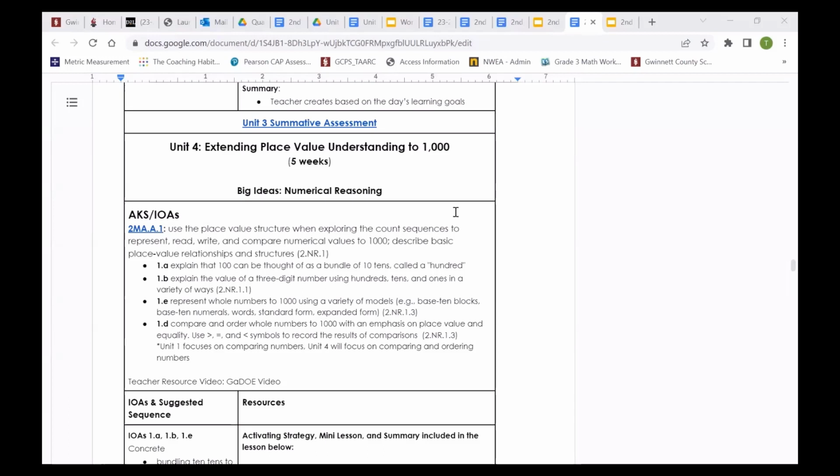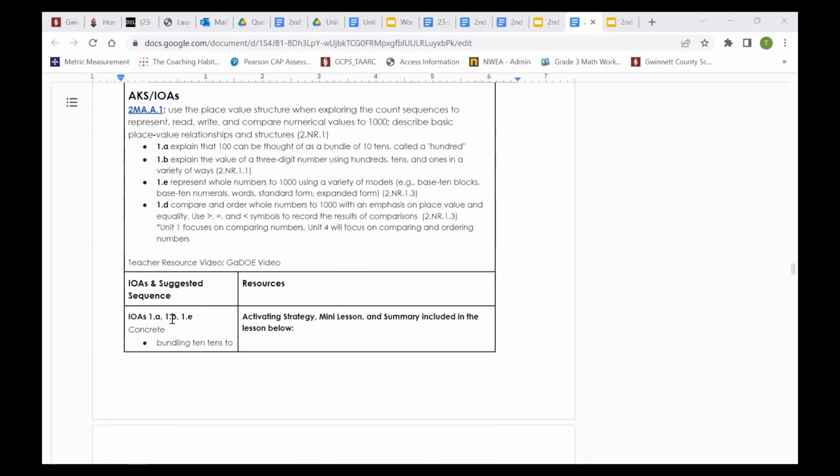a revisit to patterns. The pacing guide is set up with a list of AKS and IOAs, which have been strategically clustered together. This is followed by our suggested pacing. In the left column, you will see the learning progressions for the AKS and IOAs.